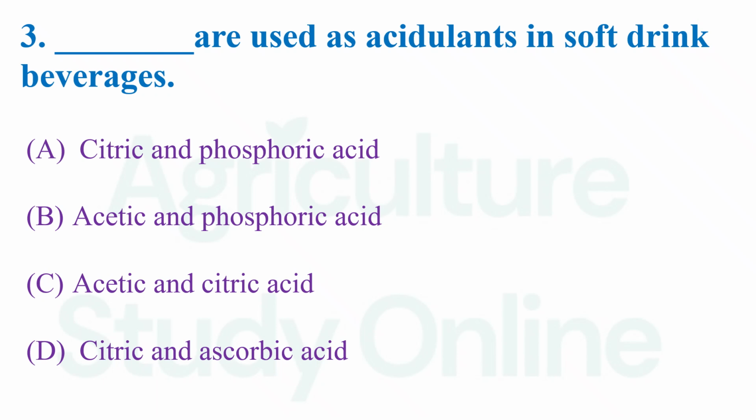Question 3. Dash are used as acidulants in soft drinks and beverages. Citric acid and phosphoric acid. This is the correct option, since most commonly these are the two acidulants which are used in soft drinks. It basically gives a sour taste and it can control the pH.